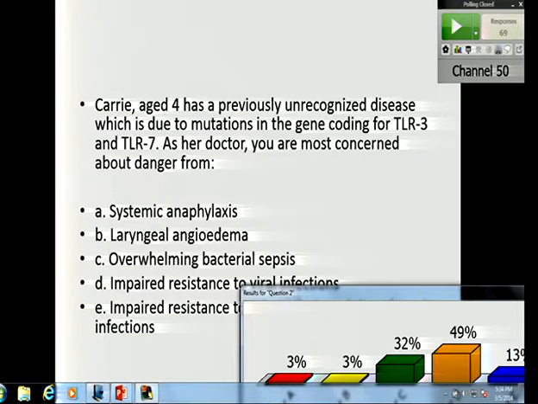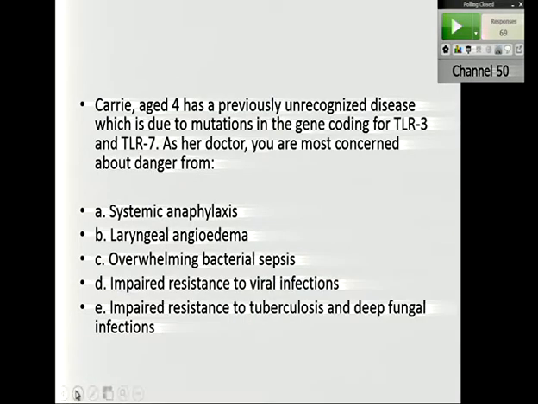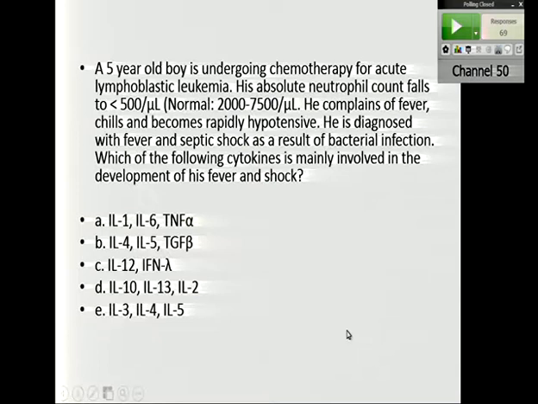I'm not going to ask you the numbers, but just for you to know that these bind viruses. So obviously this child will have increased resistance to viruses. Eventually in your comp and board you have to know the numbers, but I'm not going to ask you the numbers in your mini because I don't want to stress you too much.